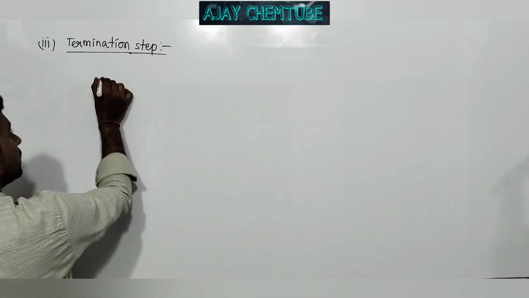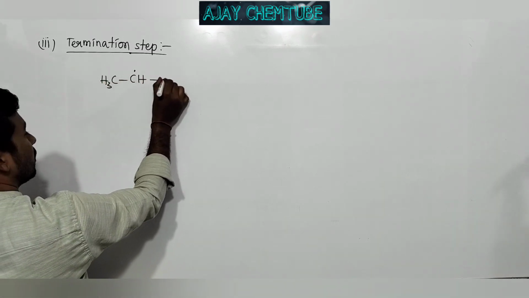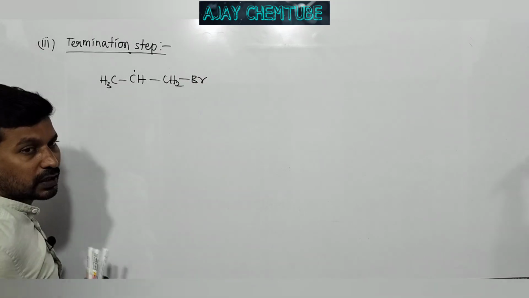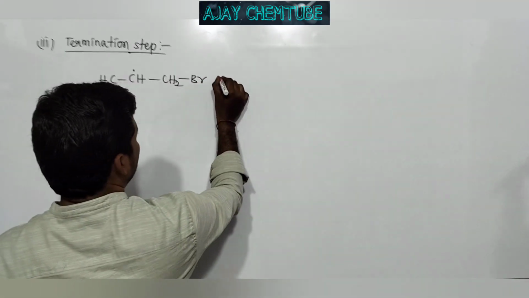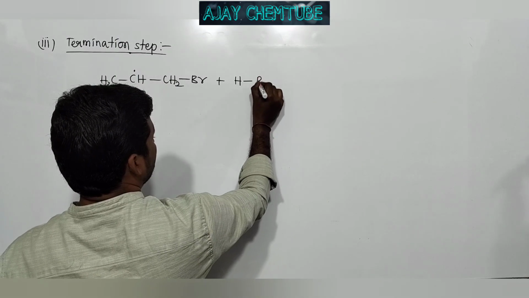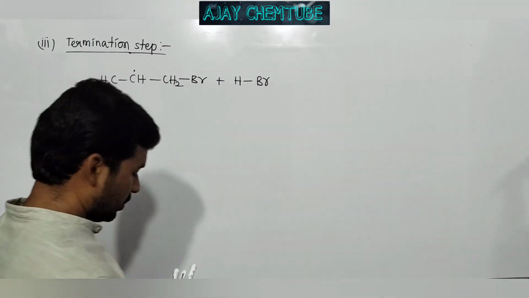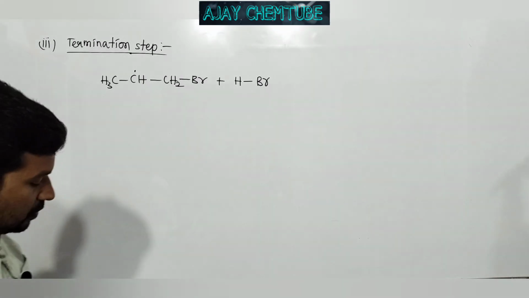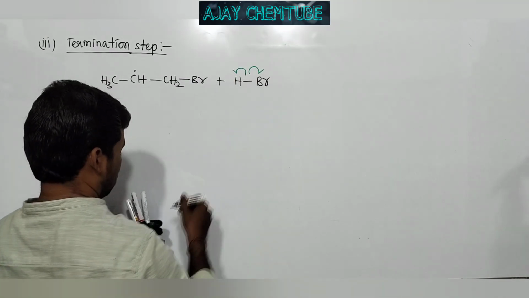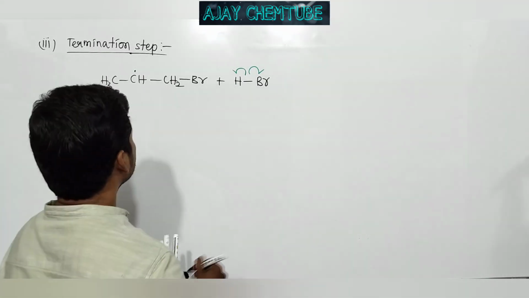Okay, here see, CH3 CH free radical CH2 Br, this is a stable secondary carbon free radical. If it combines with Br free radical, then the reaction is going to terminate, close. If bromine is attached here, the reaction will be closed.